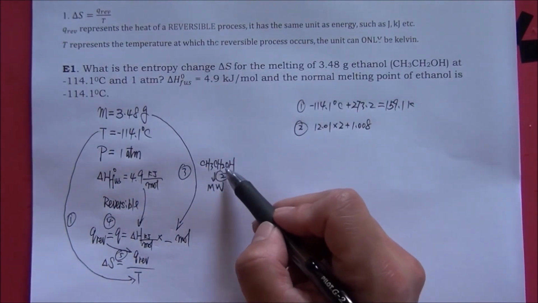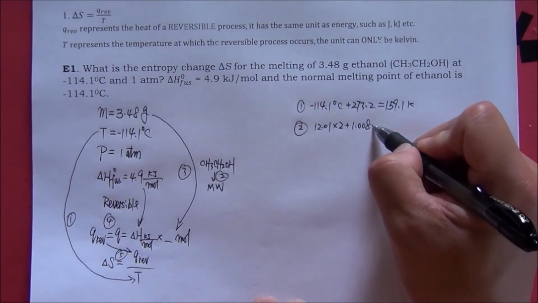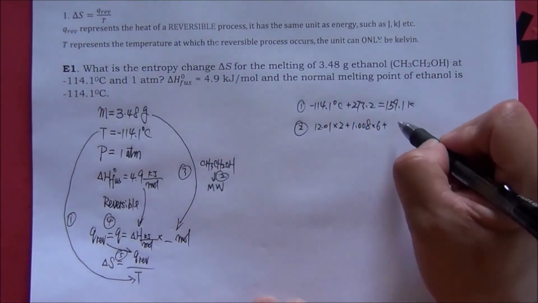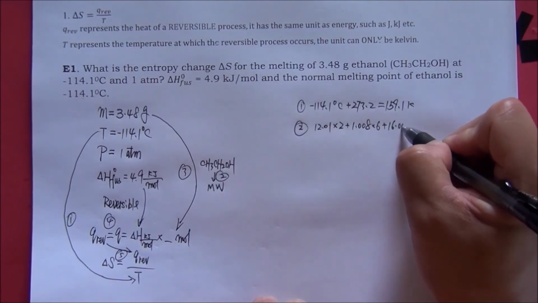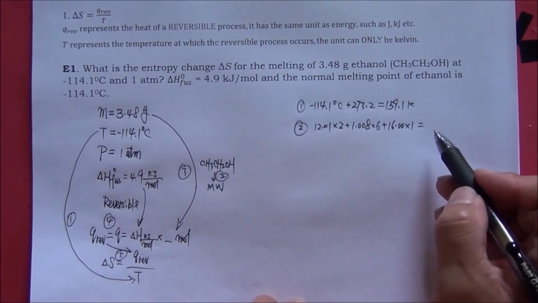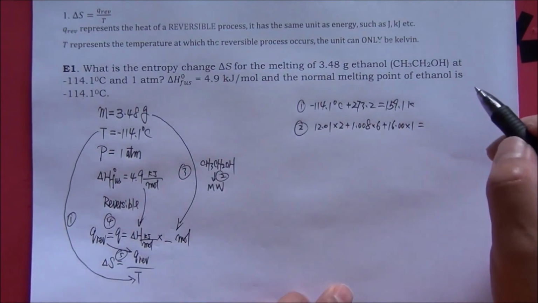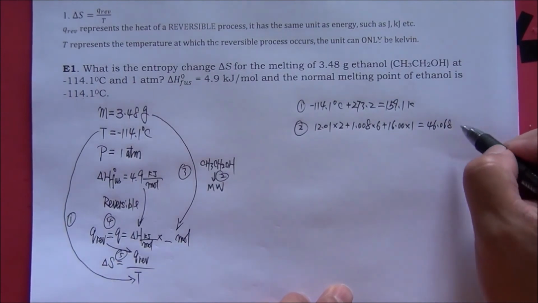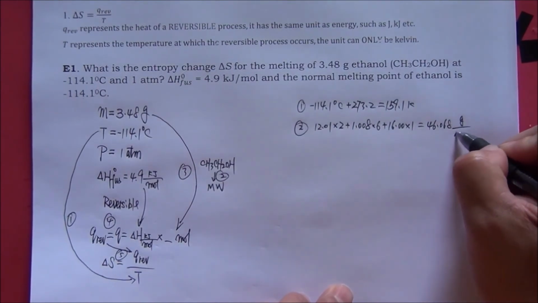And we have 3 plus 2 plus 1 equals 6 hydrogen. We have 1 oxygen, which is 16.00. We punch all numbers into a calculator, we get 46.068. And the unit for molar mass is gram per mole.